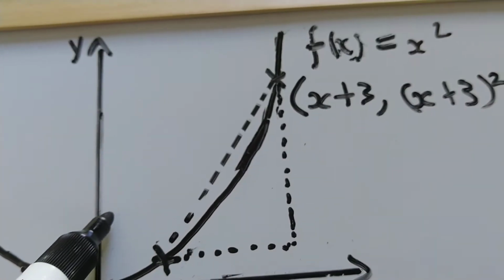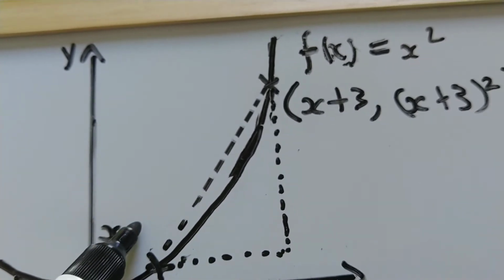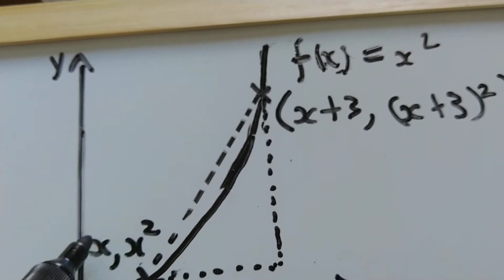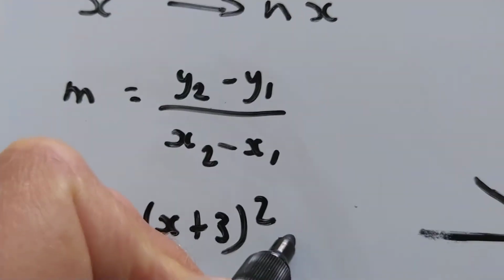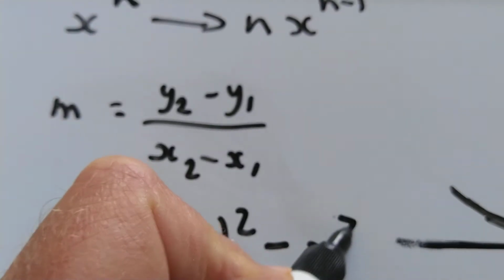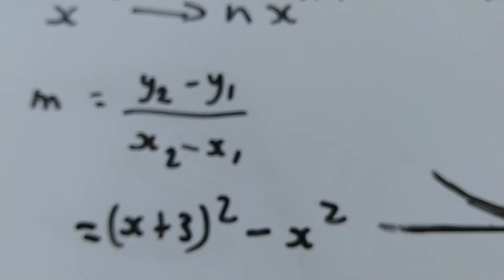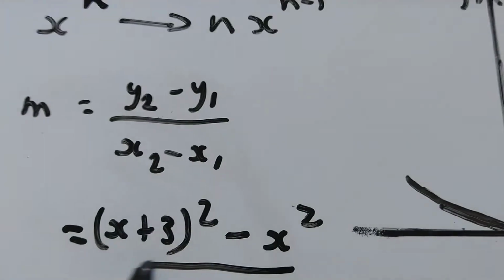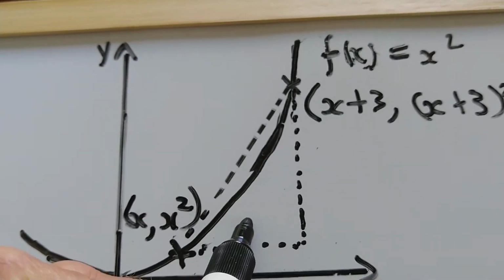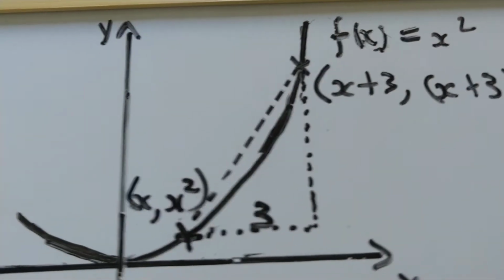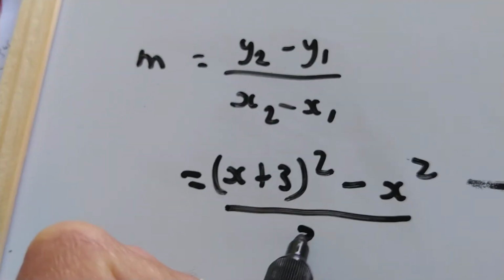Remember we said this is the point x, and the y-coordinate is just x squared, because that's what the curve is. So y1 is x squared. What's my change in x? Well, we said we're going from here to here. We're going along 3. So I'm just going to write my change in x is 3.